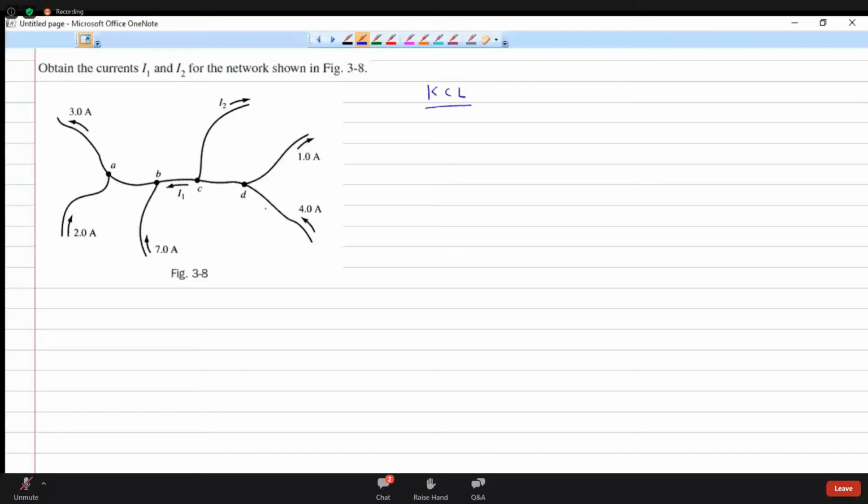Four: A, B, C, D. So we are asked what is I1 and what is I2. What does KCL say? Sigma I at any node is equal to 0.